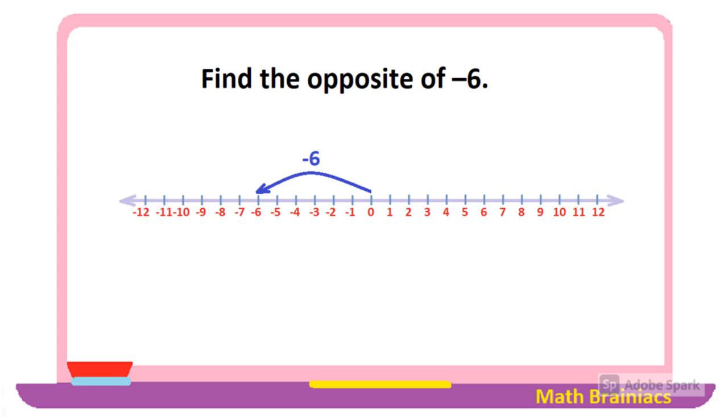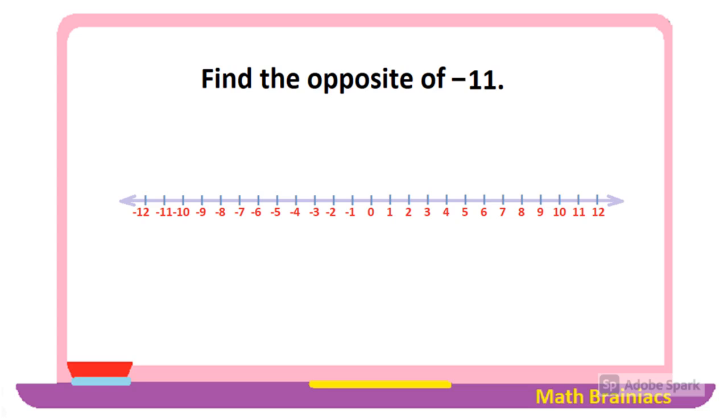However, we need the opposite of -6, right? So, from 0 up to +6, there is a distance of 6 units also. Therefore, the opposite of -6 is +6. The opposite of negative is positive, and the opposite of going to the left is going to the right. You get it?